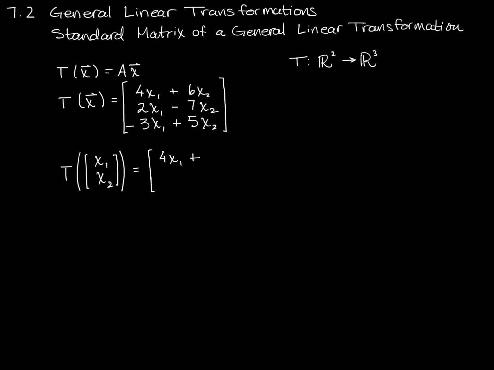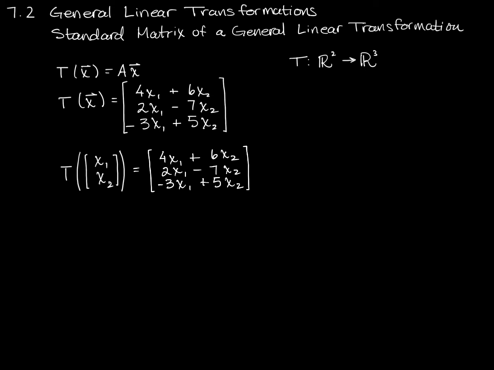It's going to multiply x1 by 4, and x2 by 6, and add those together, x1 by 2, x2 by -7, x1 by -3, x2 by 5, and add those together, right? And the result will be a 3x1 matrix.